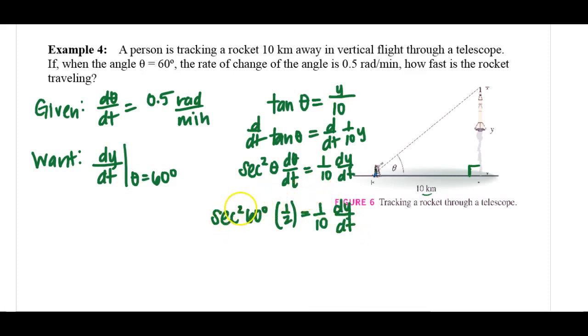So secant squared of 60 degrees, I'm going to rewrite as 1 over cosine of 60 degrees quantity squared, and this is still times 1/2. Then I'm going to multiply both sides by 10. So this is 10 over cosine 60 degrees squared times 1/2, and that's going to equal dy dt.